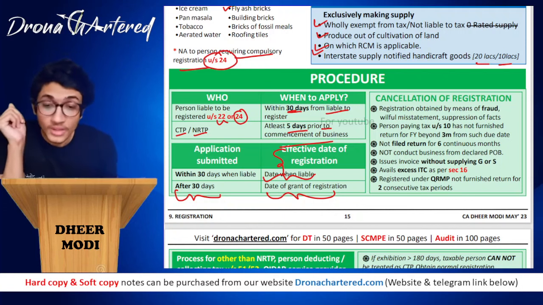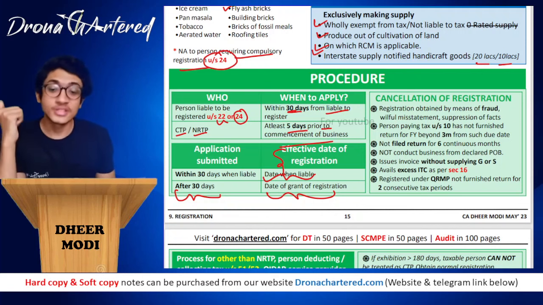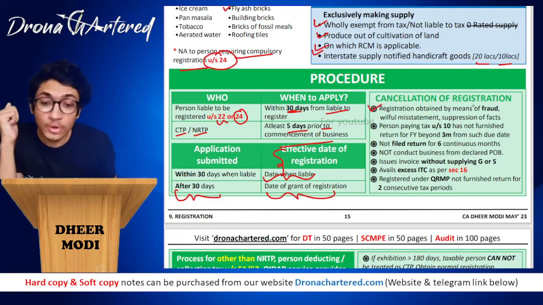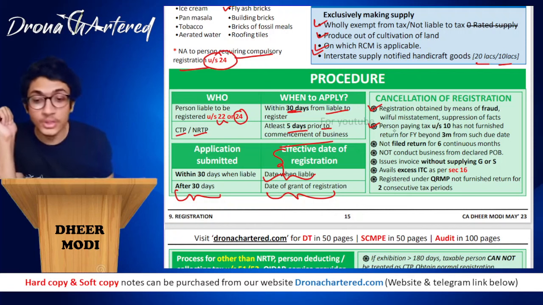Okay. Now your procedure for cancellation of registration, or when registration might be cancelled. Registration obtained by means of fraud, willful misstatement, suppression of facts, your registration will be cancelled. If a person paying tax under section 10, that is your composition scheme, etc., has not furnished return for financial year beyond 3 months from such due date.